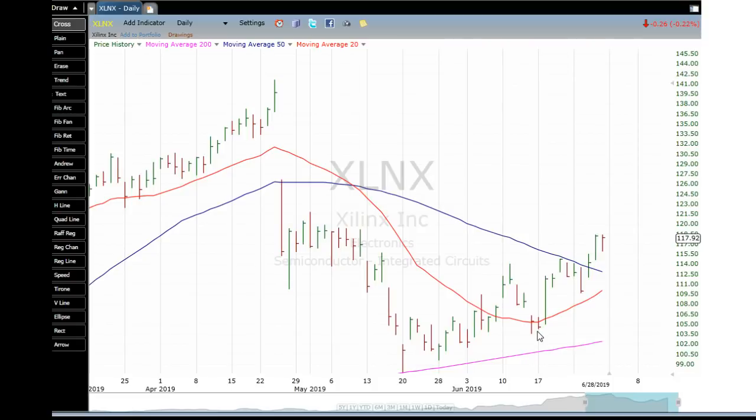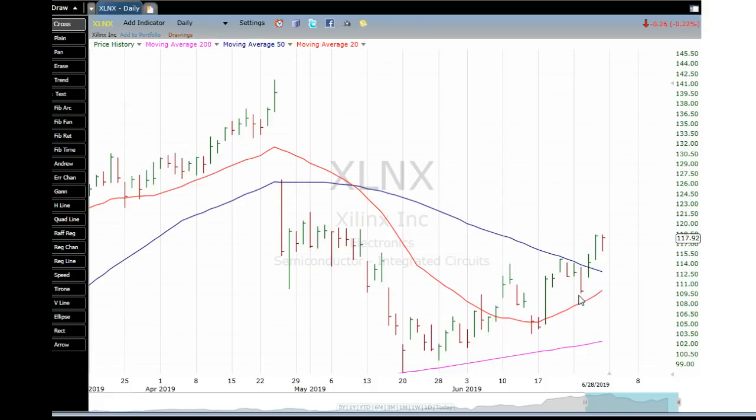You get an indecision bar here, an inside bar, but it booms the next day and turns the 3 day chart back up here right below the 50-day moving average. You get a little consolidation pattern.